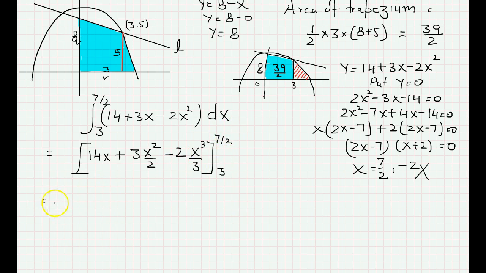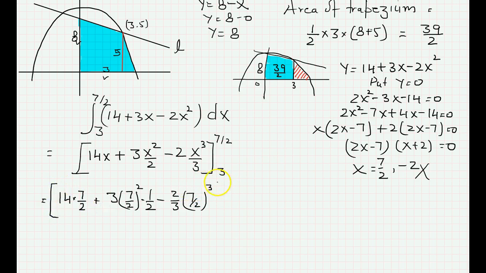So first we put 7 over 2: 14 multiplied by 7 over 2, plus 3, 7 over 2 square multiplied by half, minus 2 over 3, 7 over 2 cube.